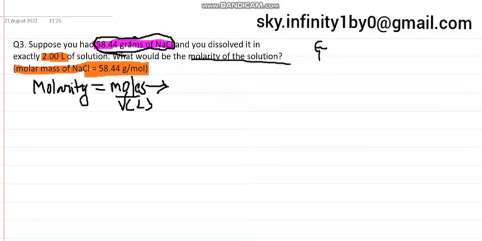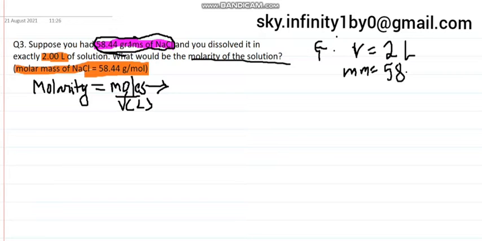Given: volume, which is 2 liters, molar mass. The molar mass for NaCl is 58.44 grams per mole.